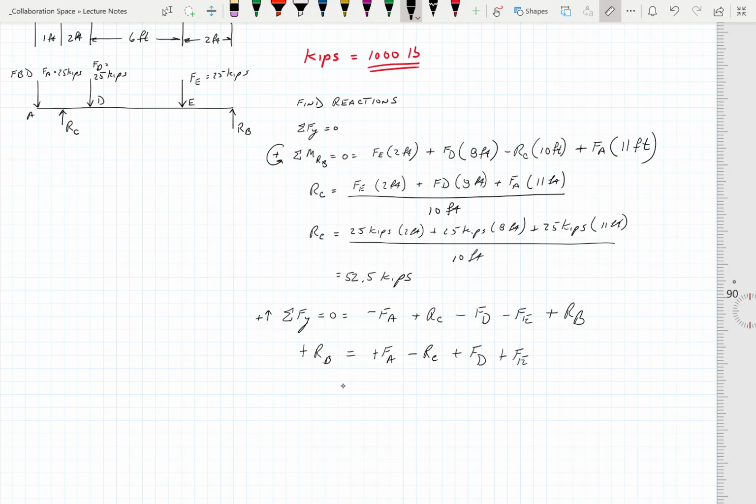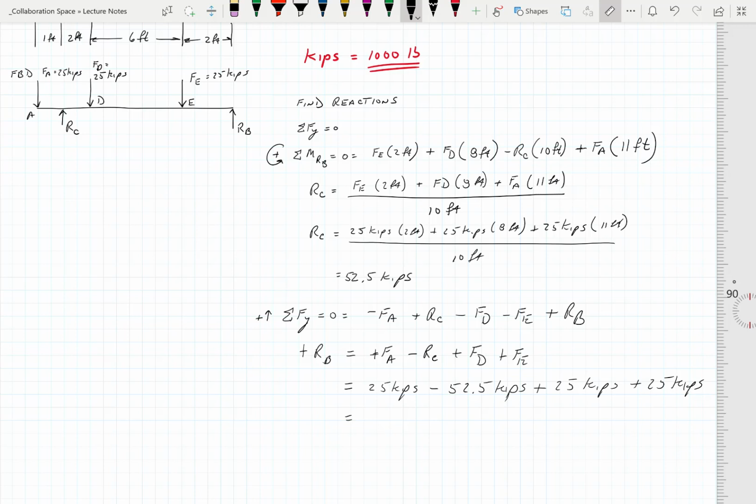Okay. Let's see, next thing. So let's put some numbers in here. So 25 kips minus 52.5 kips plus 25 kips plus 25 kips.